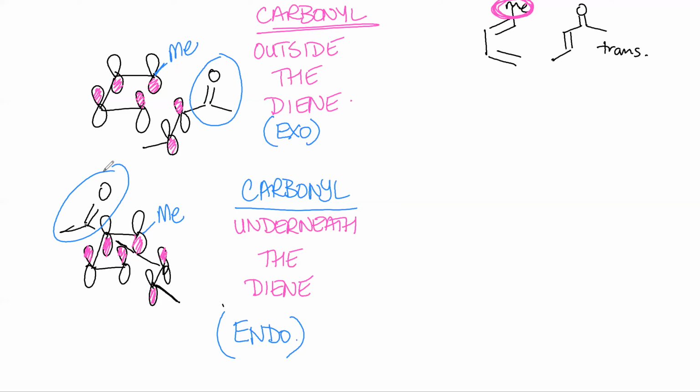So I'm going to redraw them over here on the right, and hopefully it'll be a little bit more clear. So for the exo, if I draw the diene like this, I draw the dienophile, and I'll draw the dienophile in red, I guess.